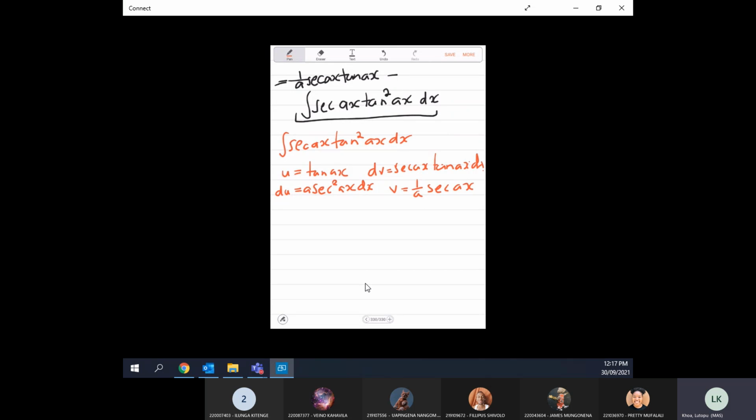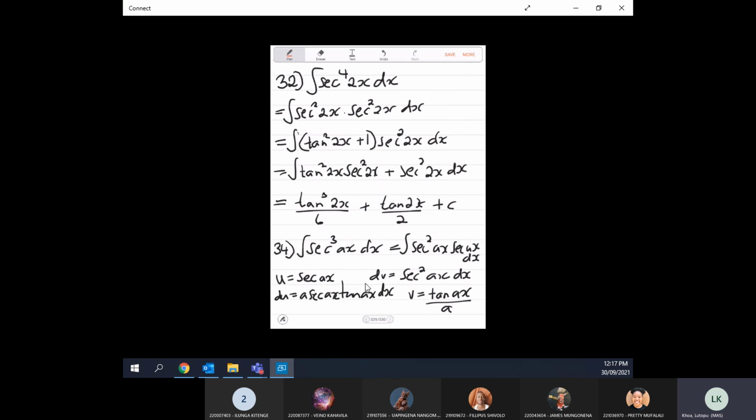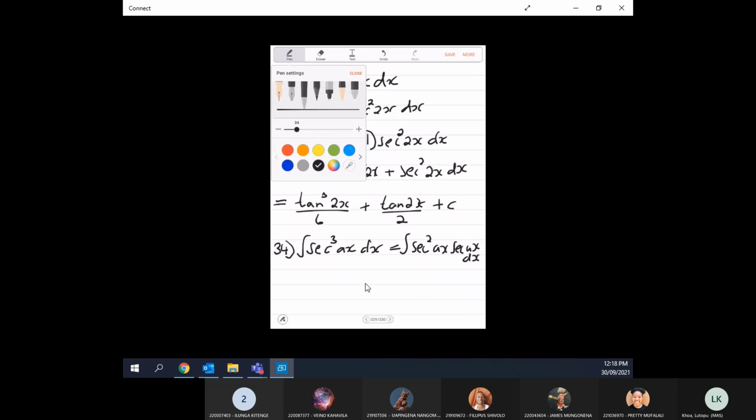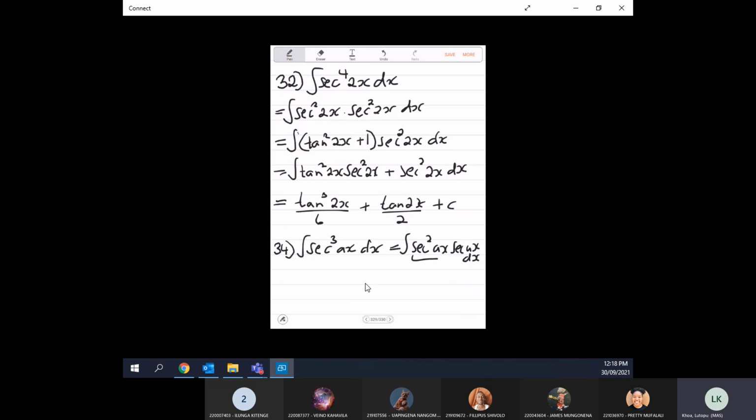See, what I need to do from the beginning is substitute. Before I use by parts, I need to substitute, otherwise I'm back at sec cubed of ax is equal to the integral of that. So sorry, what we should do before we do all this is rewrite this sec squared in terms of tan.